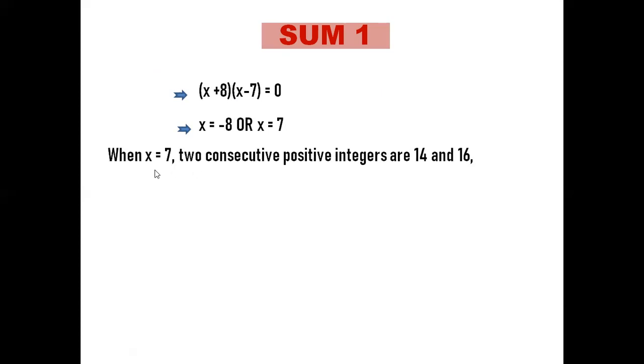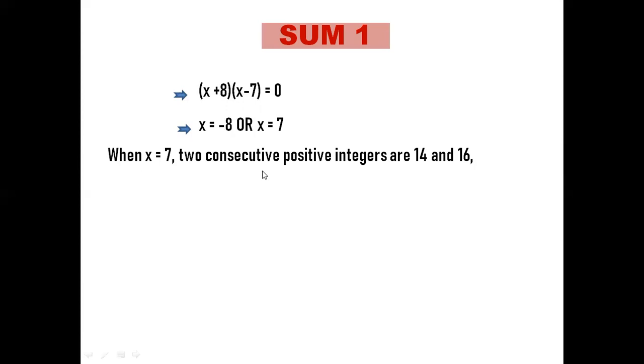When x equals 7, the two consecutive positive integers are 2 times 7, since we have considered the positive integers as 2x and 2x plus 2. So 2 times x, that is 2 times 7, is 14. And 2x plus 2, that is 2 times 7 is 14, 14 plus 2 is 16, right?